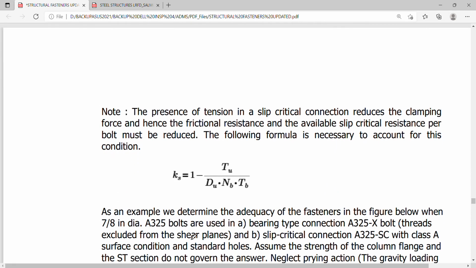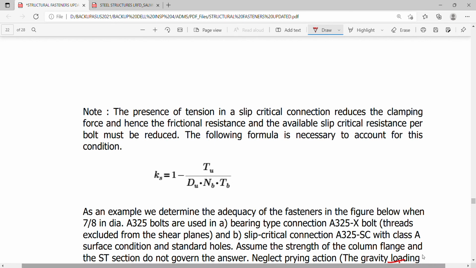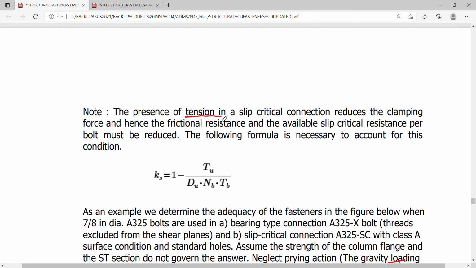So note that the presence of tension in a slip critical connection reduces the clamping force. So if we have a bolt that is sheared and tensioned, then the clamping force will be reduced, simply because if you tighten the bolt, the bolt tensioning will be counteracted by the tension force.